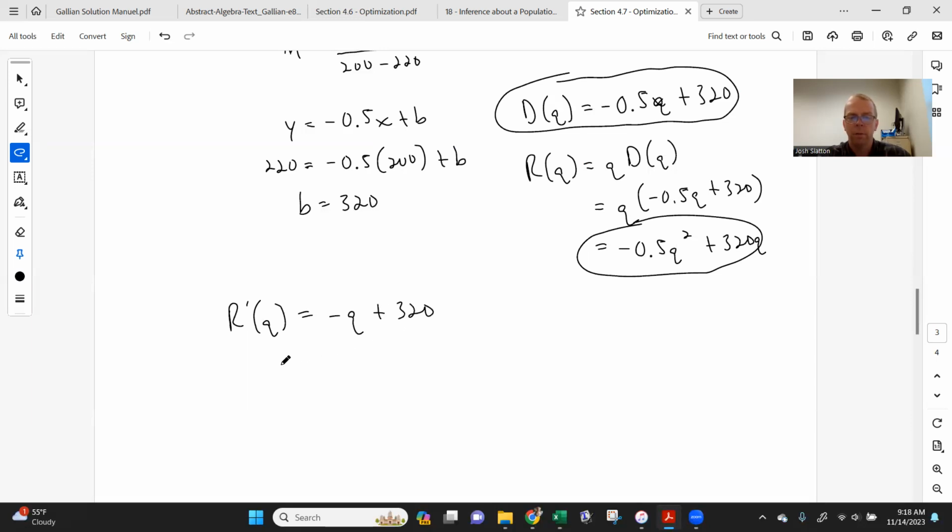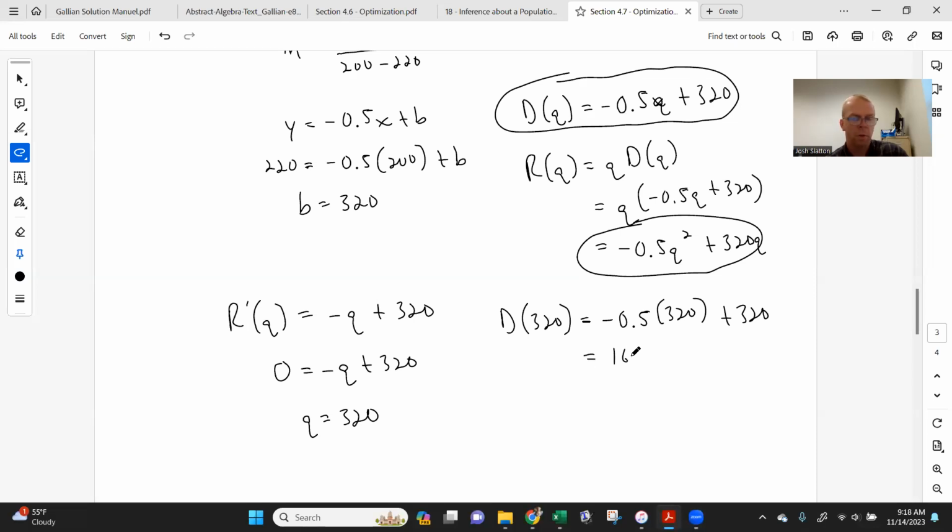Set that equal to 0, and q is 320. All right, so now 320 units, what price does that correspond to? So d of 320 is negative 0.5 times 320 plus 320, and that corresponds to 160.